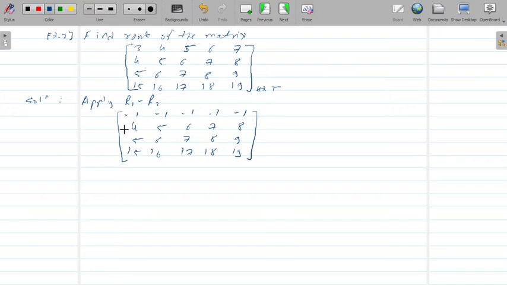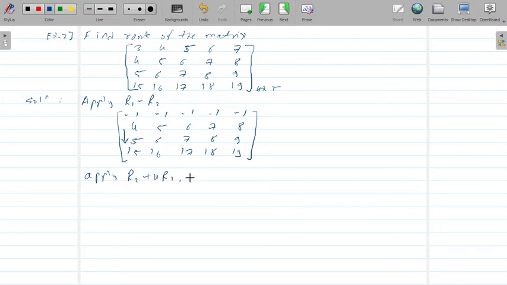Now my target is to make all entries below this A11 equal to 0 by using row transformations and the R1 row only. To make this entry equal to 0, I have to multiply R1 by 4 and then add. So apply R2 plus 4 times R1.